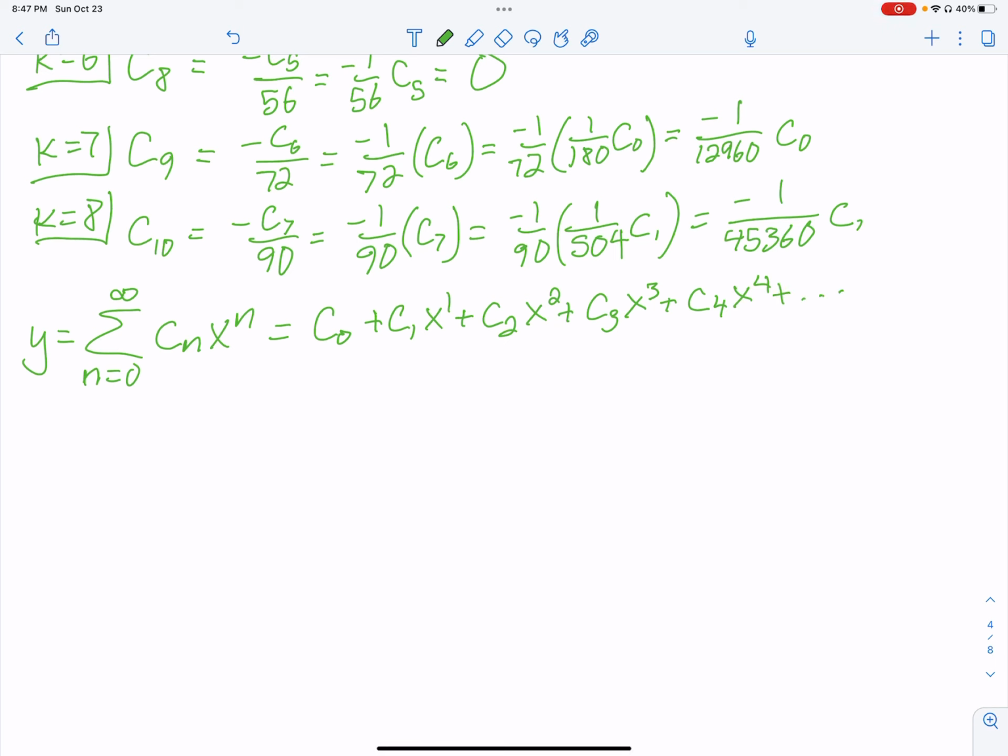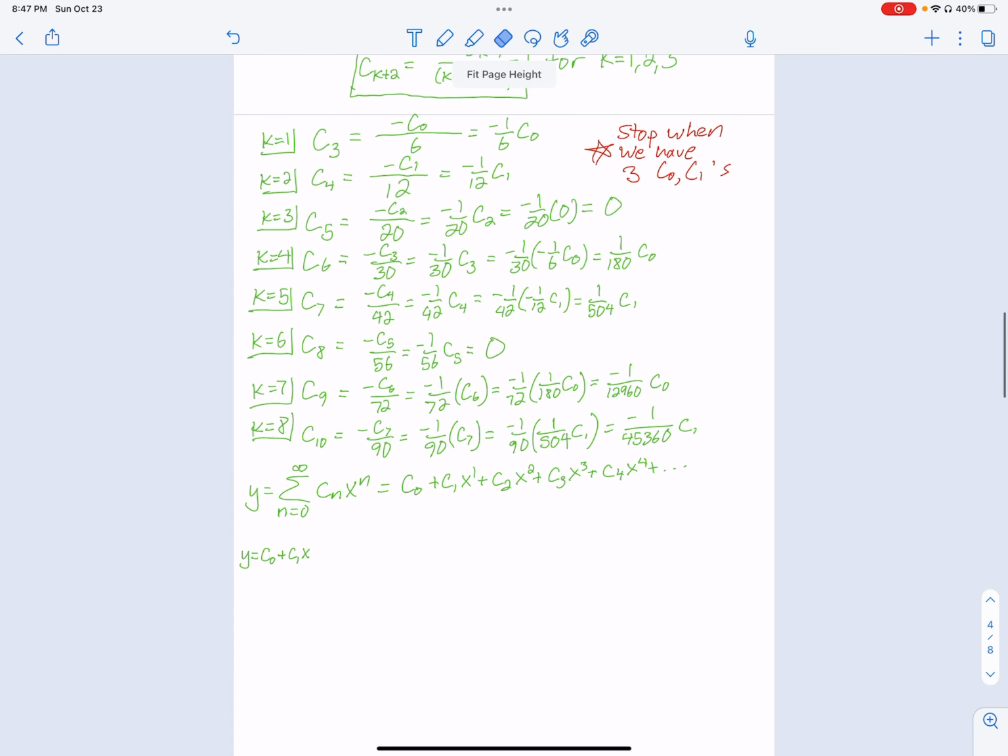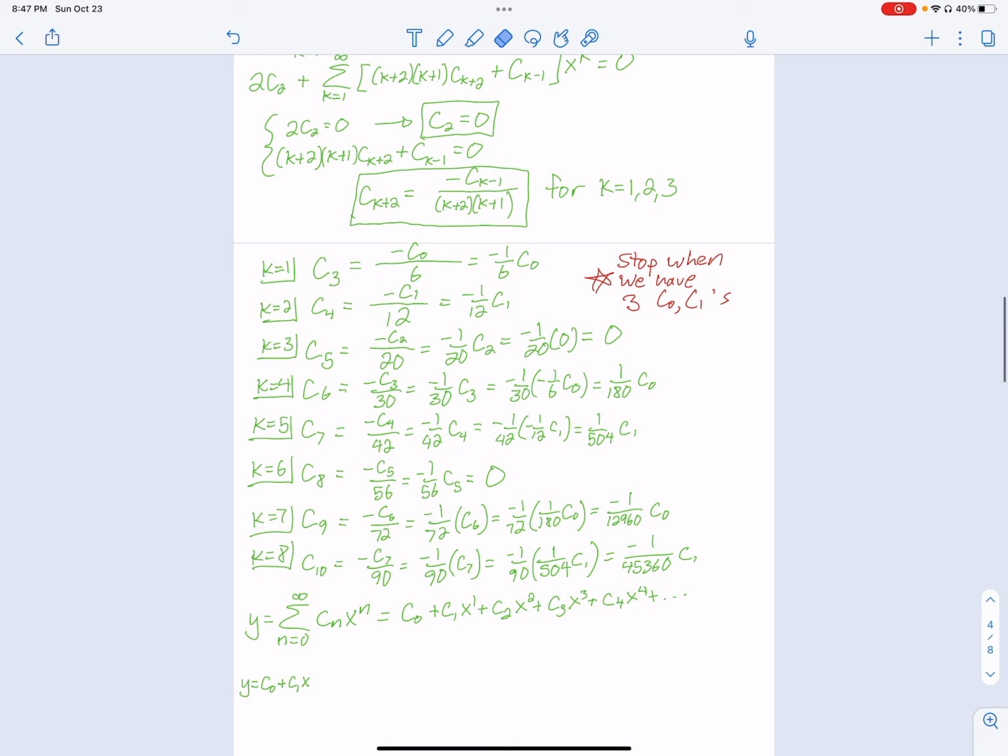We are going to sub in literally every one of those, so I'll write pretty small here. y equals c_0 plus c_1 x. I'm not changing anything, I'm just writing this. And then I have c_2, and this is where we start subbing in. If I look way up here, c_2 was 0, so that's gone.